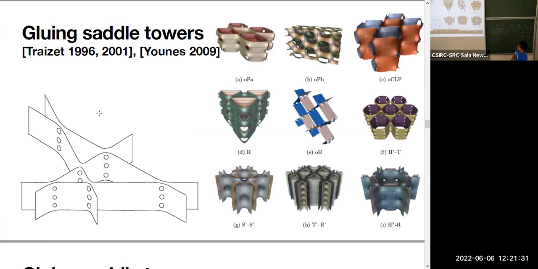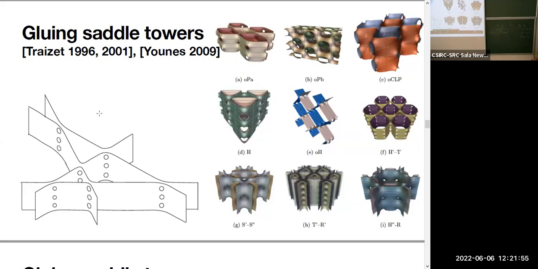So again, this was previously implemented. This picture was from Kazit's 2001 paper. And here he only considered saddle towers of 4 wings. And he assumed that the resulting minimal surface has a horizontal symmetry plane.